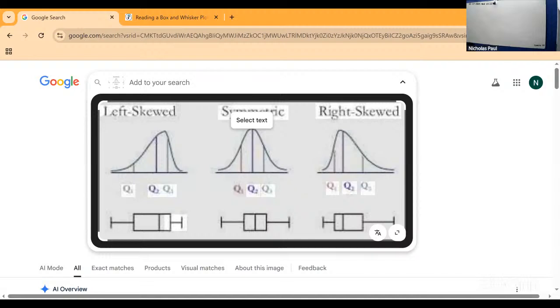Draw three: left skewed, right skewed, symmetrical. Or the names could be negatively skewed and positively skewed. Left is negative, right is positively skewed. So it's just like that with the box and whisker underneath.